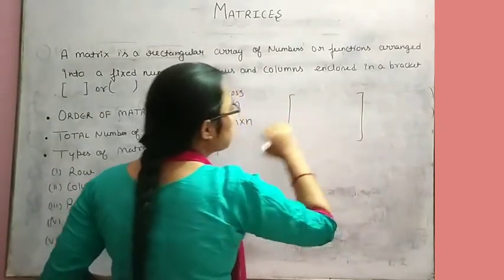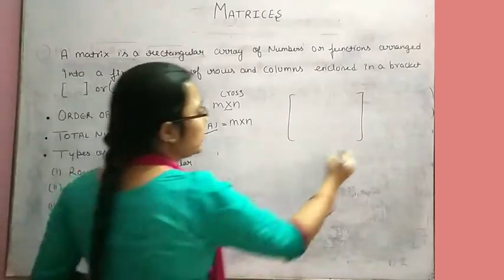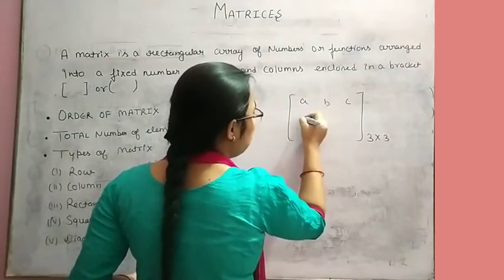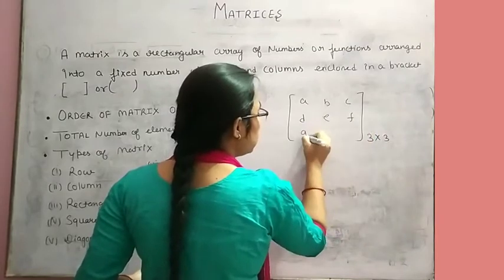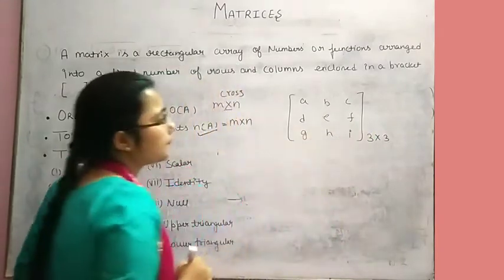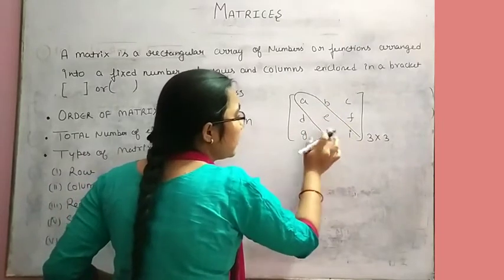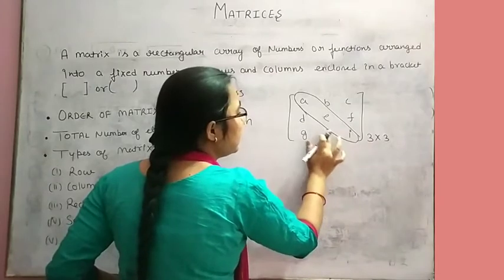If we construct any square matrix of order 3 into 3, that means A, B, C, D, E, F, G, H, I. This is known as principal diagonal.